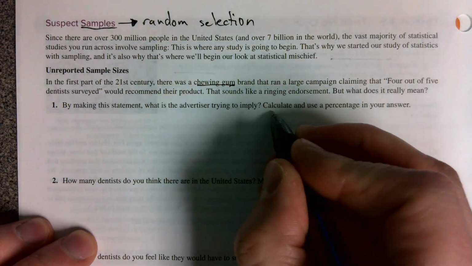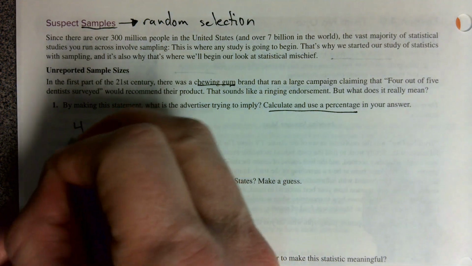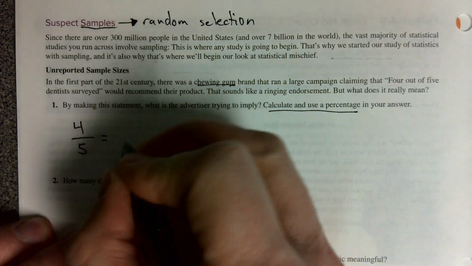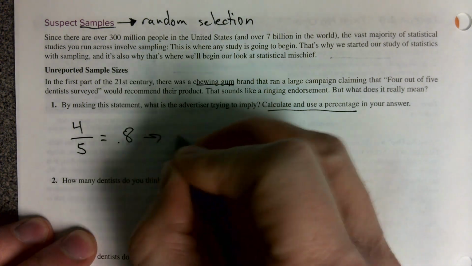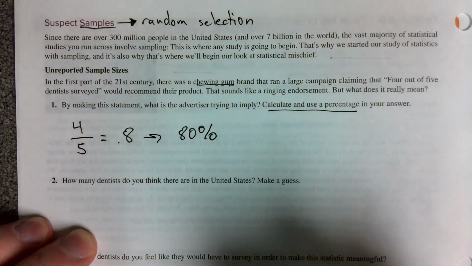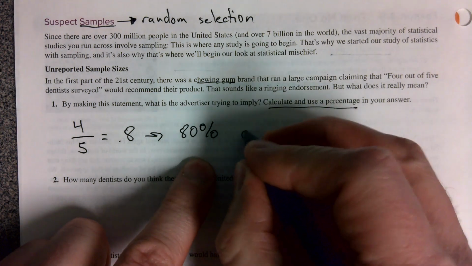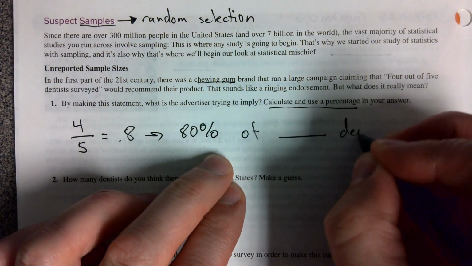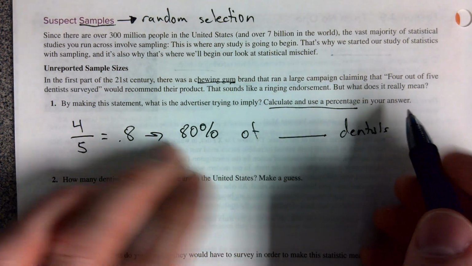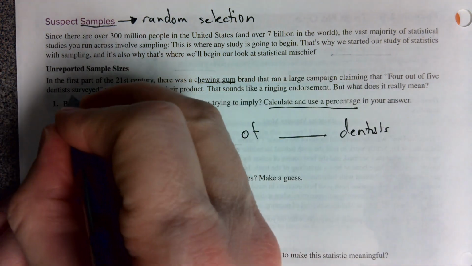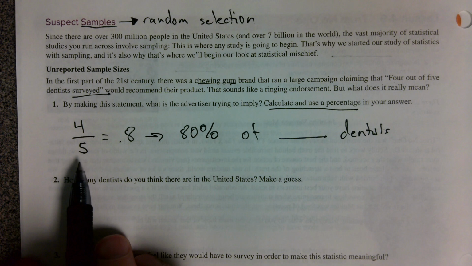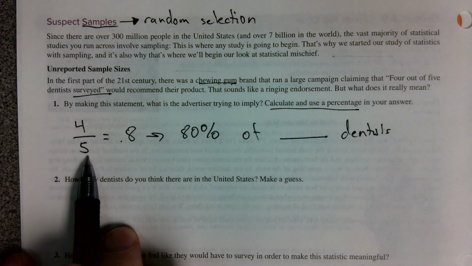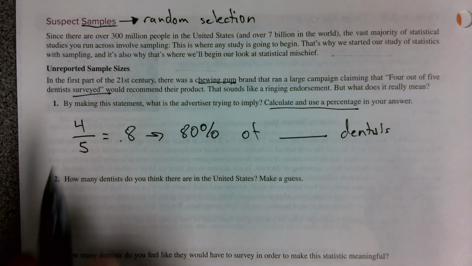Well, if we look at just the claim here, 4 out of 5, 4/5 is 0.8 or 80%. So the claim here is 80% of blank dentists. Now, it's said surveyed, but we don't know how many. If it was 5 dentists surveyed, then who cares?